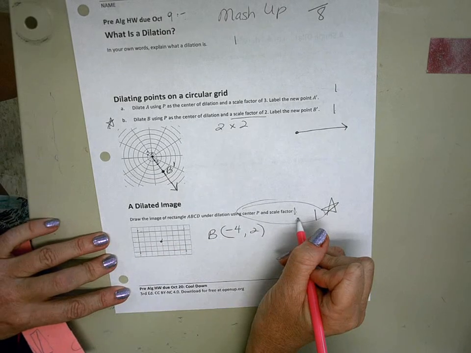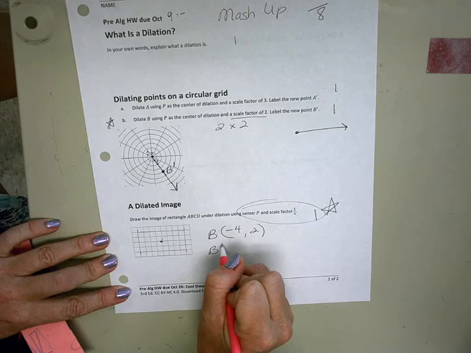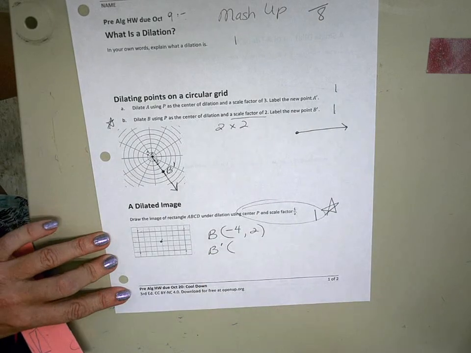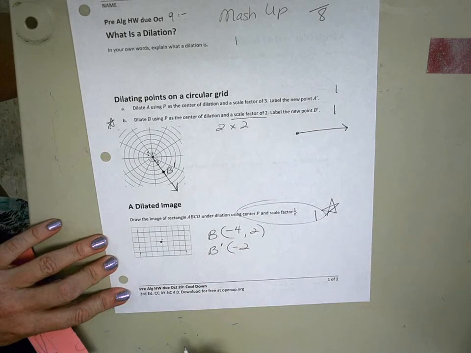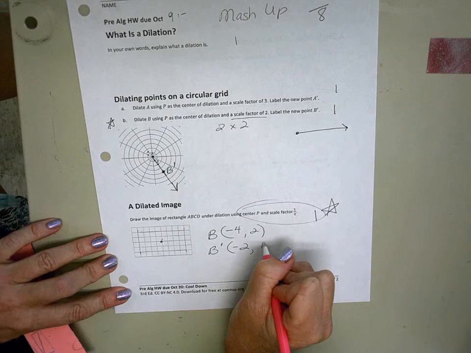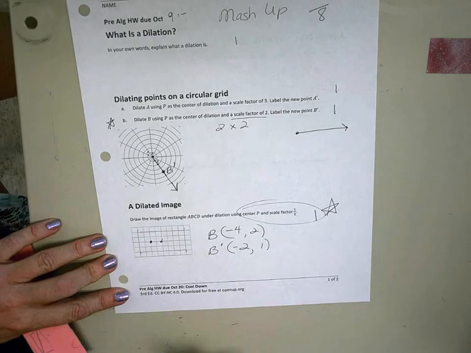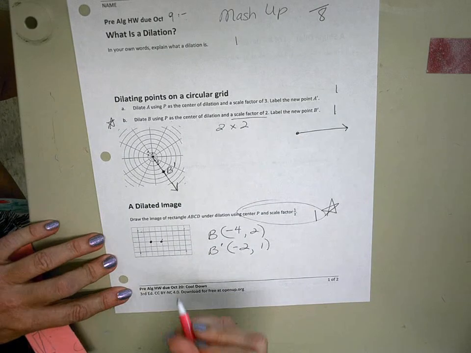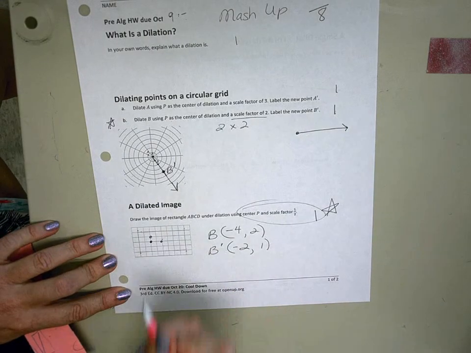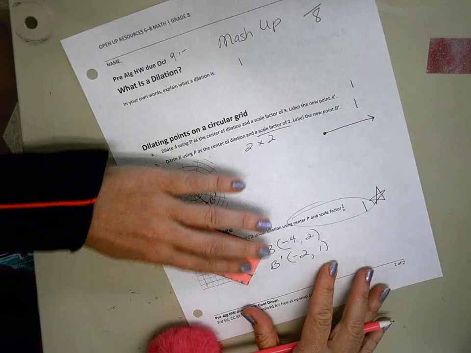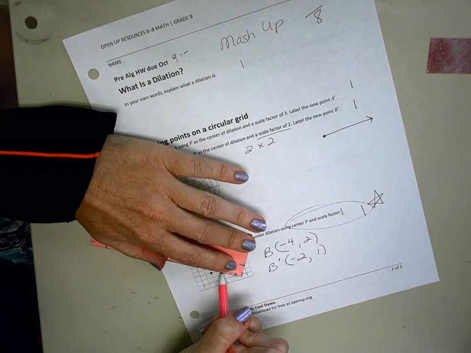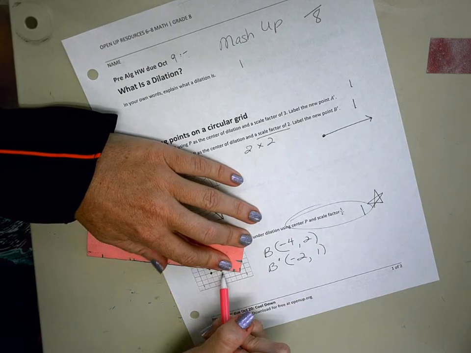If the scale factor is 1/2, then B prime would be half of that distance from P. So I'd be going 2 to the left and then 1 up. So 1, 2, and that would be my B prime. Oh, and then up, 1. That would be my B prime, which also works if we do our rays.